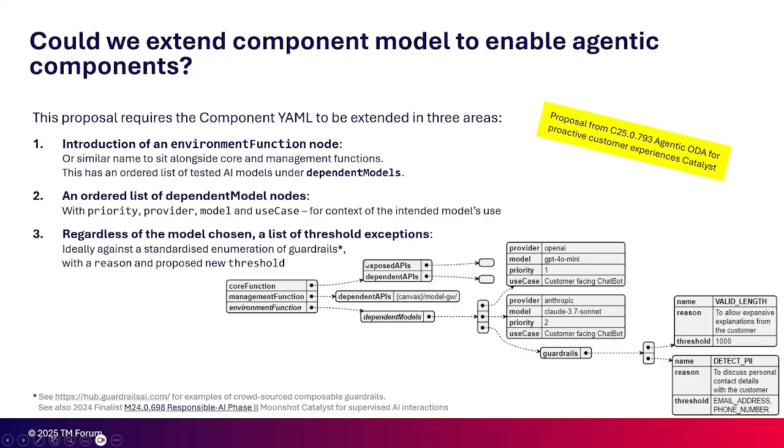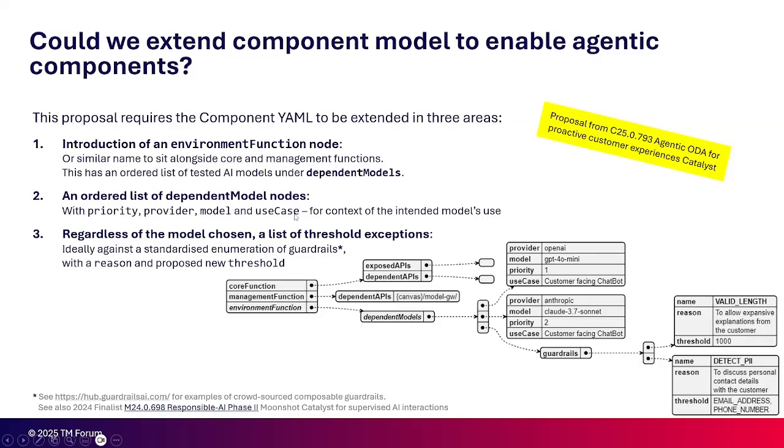And they propose a sensible approach where components declare which language models they want to access, providing a prioritized list. And the Canvas platform then grants access to whichever subset of those are actually available in the approved language models. And similar to how we previously had exposed APIs and dependent APIs, they propose calling this dependent models.